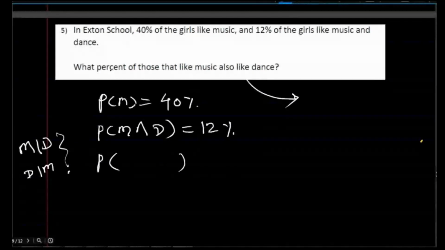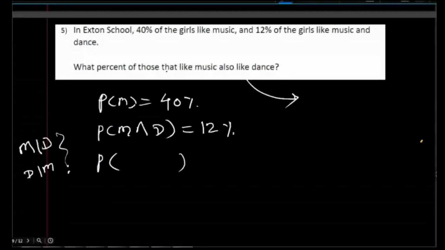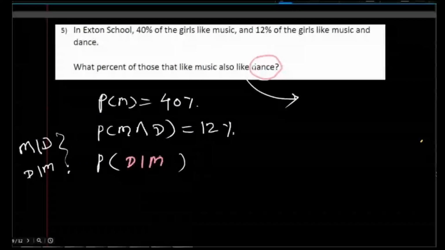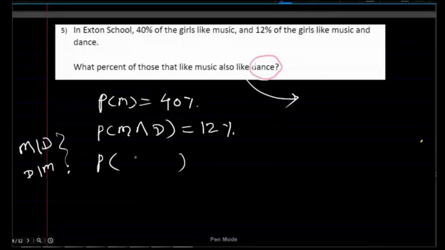What they are saying is, what percent of those that like music also like dance. So what do we want to calculate? We want to calculate the people who like dance, but we know that they also like music. So it means D given M. Am I correct? We have to find the probability of dance given that they like music.